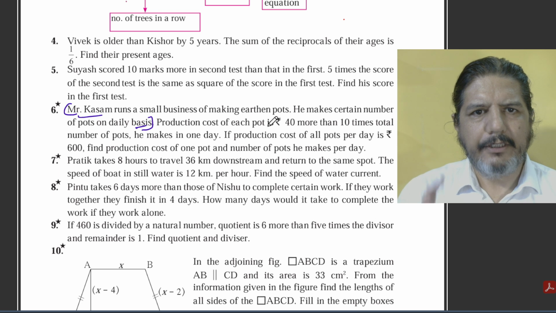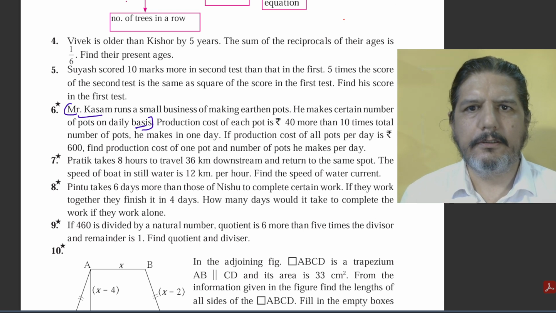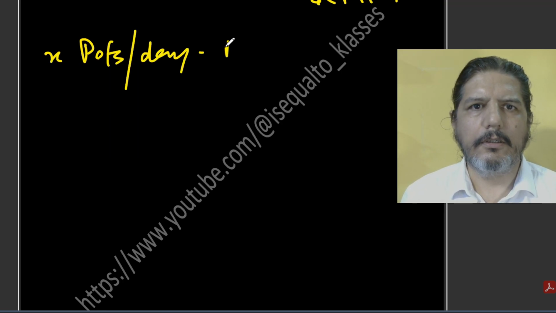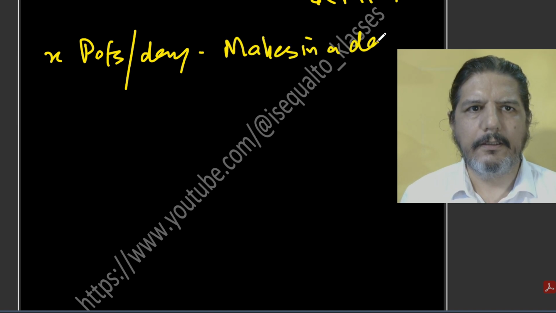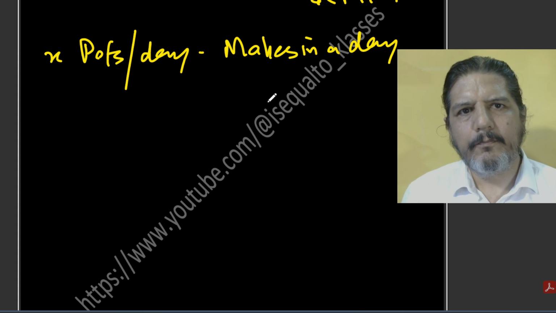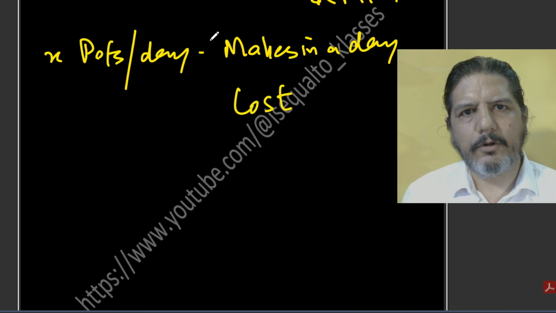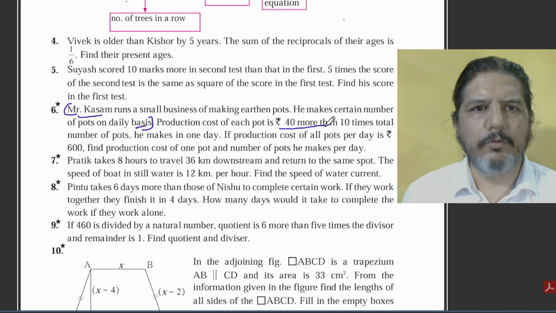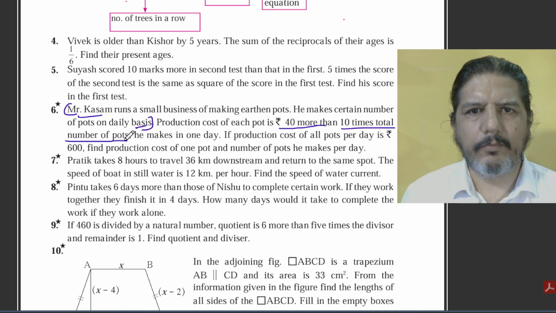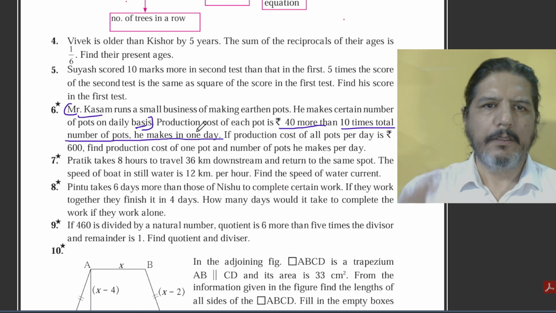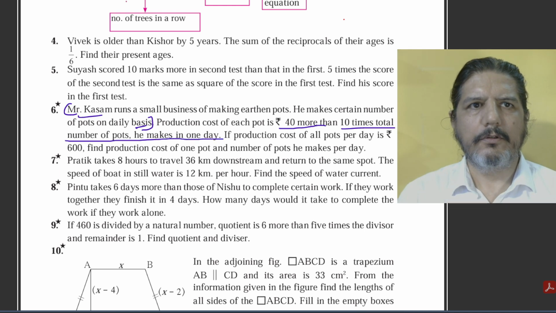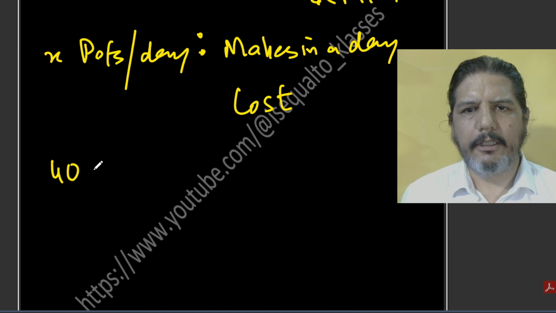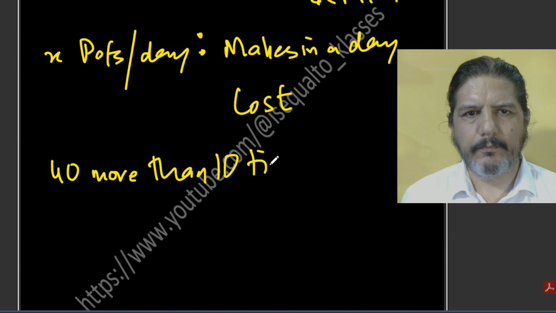So the production cost of each pot, basically this is his daily production, and the cost of each pot is 40 more than 10 times the total number of pots he makes in one day. 40 more than 10 times.